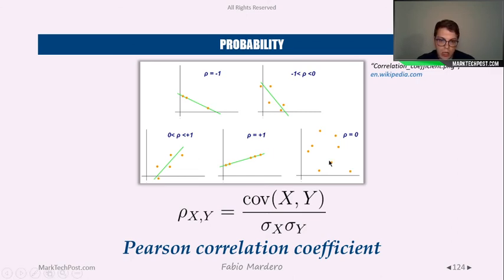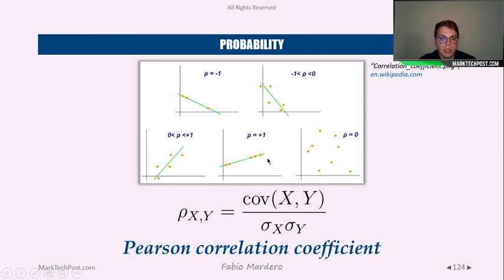Also, since we have seen that the variance is a particular type of covariance, Pearson invented the Pearson correlation coefficient, in which we compute the covariance over the standard deviation of x times the standard deviation of y. If the Pearson correlation coefficient is 0, it means that the two variables are uncorrelated. In fact, the covariance is equal to 0.